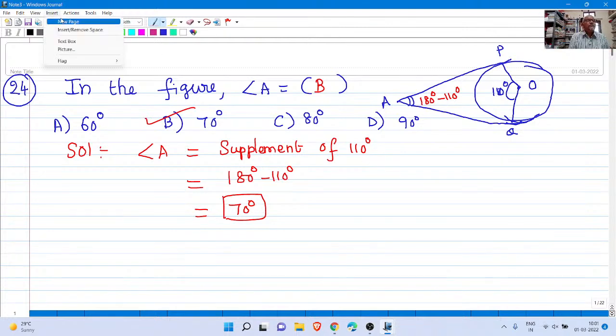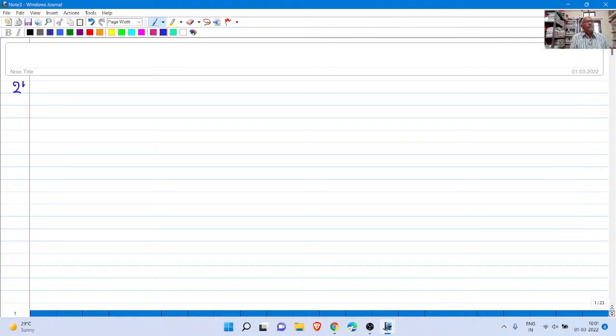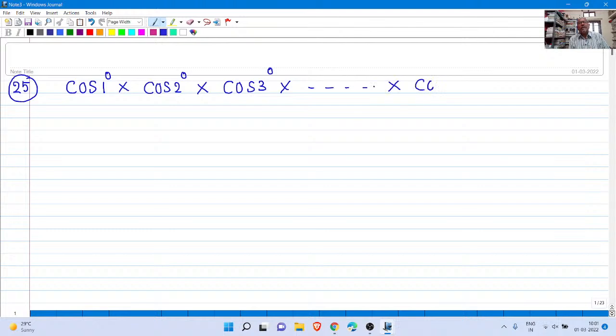Next, 25th question. Cos 1 degree multiplied with cos 2 degrees multiplied with cos 3 degrees and so on, up to cos 100 degrees is equal to?